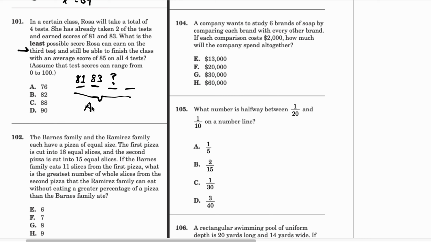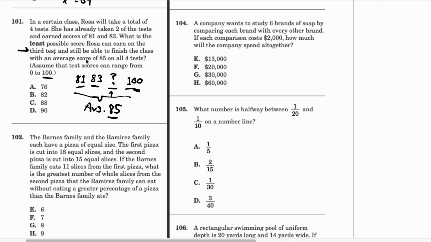So I'll put this here, average is 85. If she's scoring really low on the 3rd test, then we want her to score the highest she possibly can on the 4th test, because scoring really high on the 4th test will allow her to score the lowest on the 3rd test while still maintaining this 85 average, right? So we want the maximum possible score on the 4th test.